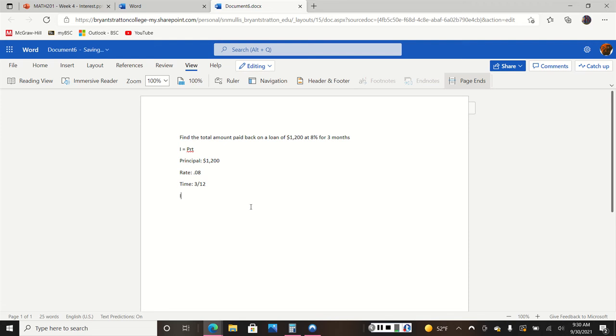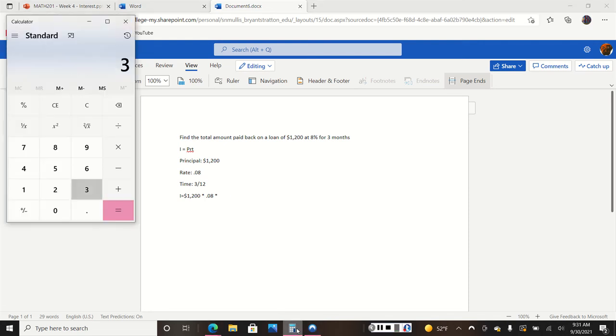So I equals the principal amount, and this time I'm going to use the multiplication symbol, the asterisk, times 0.08 times 3 over 12, which is equal to, let's just put 3 divided by 12, 0.25.